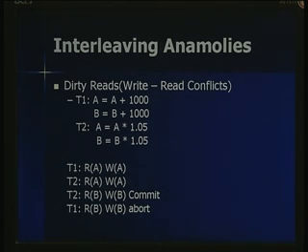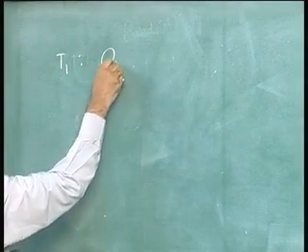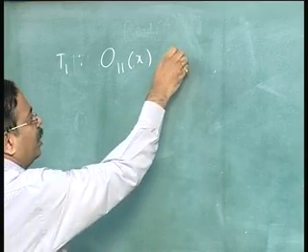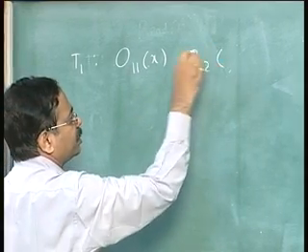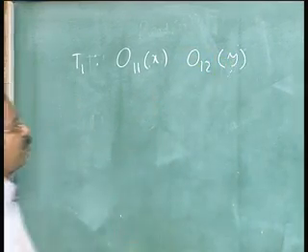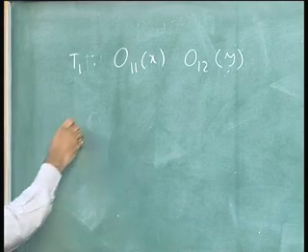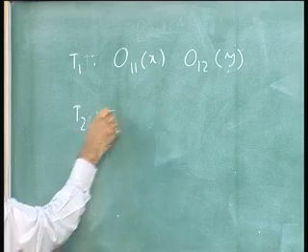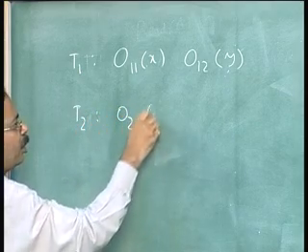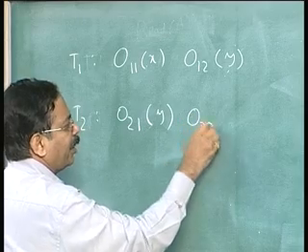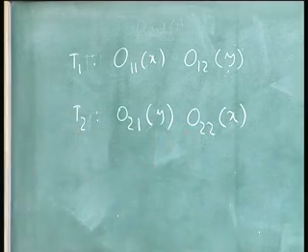Let us take a case of a transaction T1 with operation O11, a read of X, and then O12, which is a write of Y. Now, we can take another transaction T2, where it is a read of Y and then a write of X. Okay.